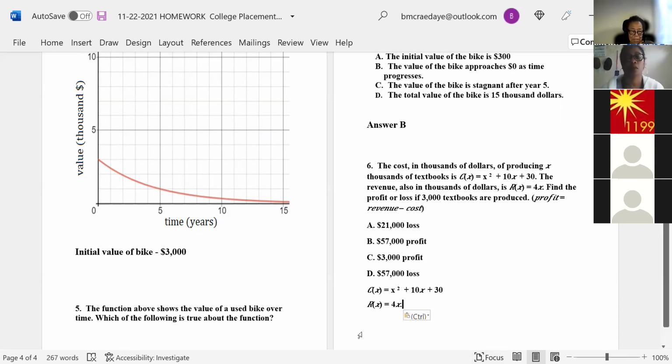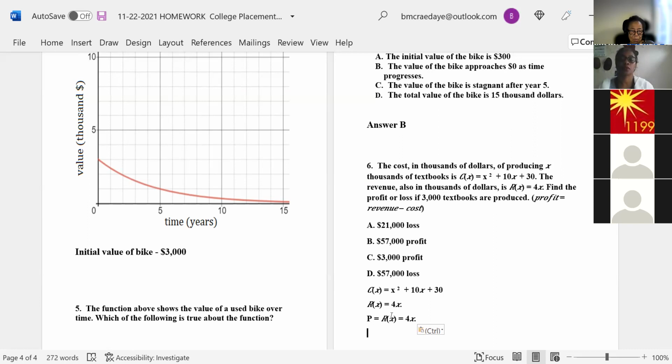And your profit is equal to revenue minus cost. So your profit, and we'll call that P, is equal to the revenue minus the cost. 3,000 is the number of textbooks produced.